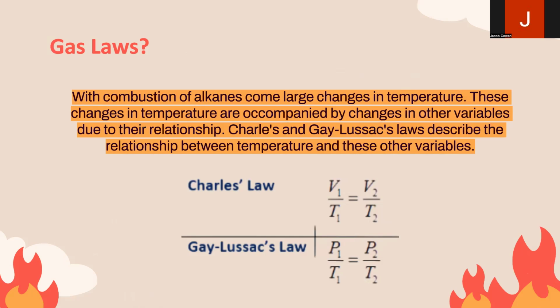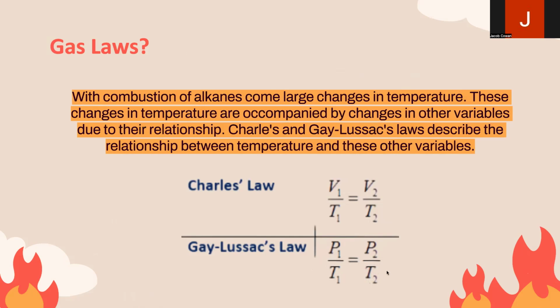So, like I said down here with Gay-Lussac, if I increase this temperature, my pressure is going to increase. So if I have a pressure of 1 atmosphere and a temperature of, let's say, 273 degrees Celsius, that's standard pressure, standard temp, and I increase this to, let's make this easier, 546.